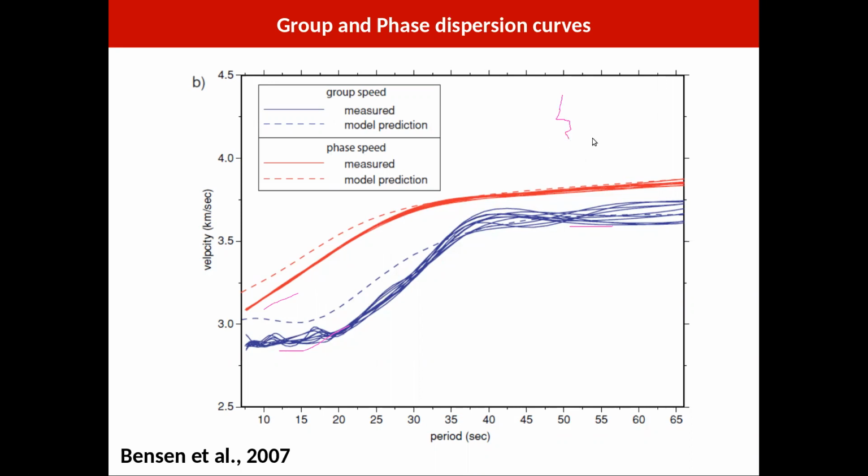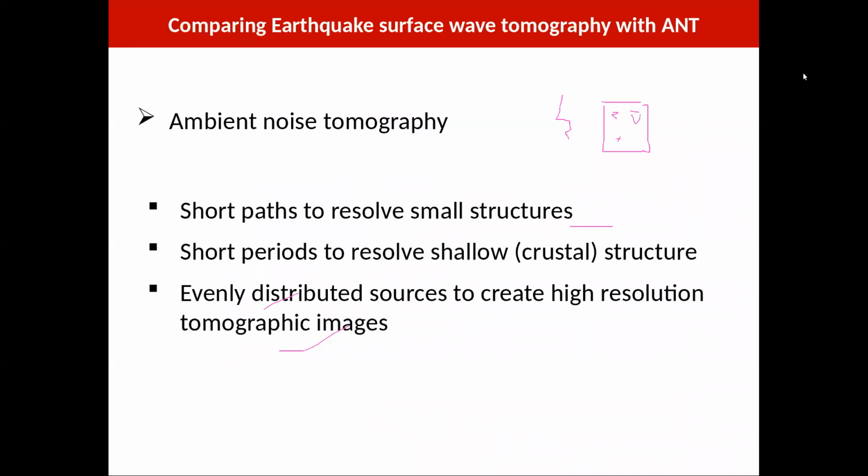But because now we have more data, and these data are coming from some 2D region, we can make the tomography. So then we talk about ambient noise tomography. The advantage is the evenly distributed sources.